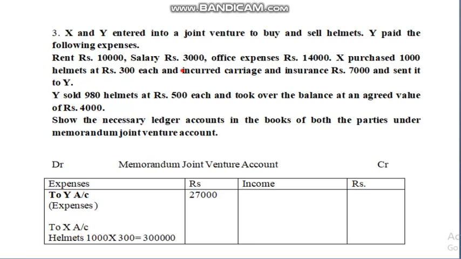And then he incurred carriage and insurance. Who incurred? X only. So X incurred carriage and insurance of rupees 7,000.